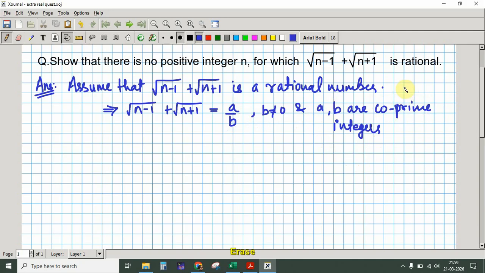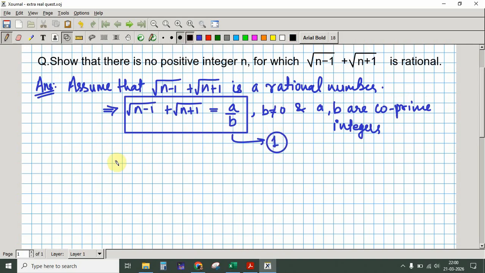And coprime itself says that they both can't be 0. Now I will label this as equation 1.